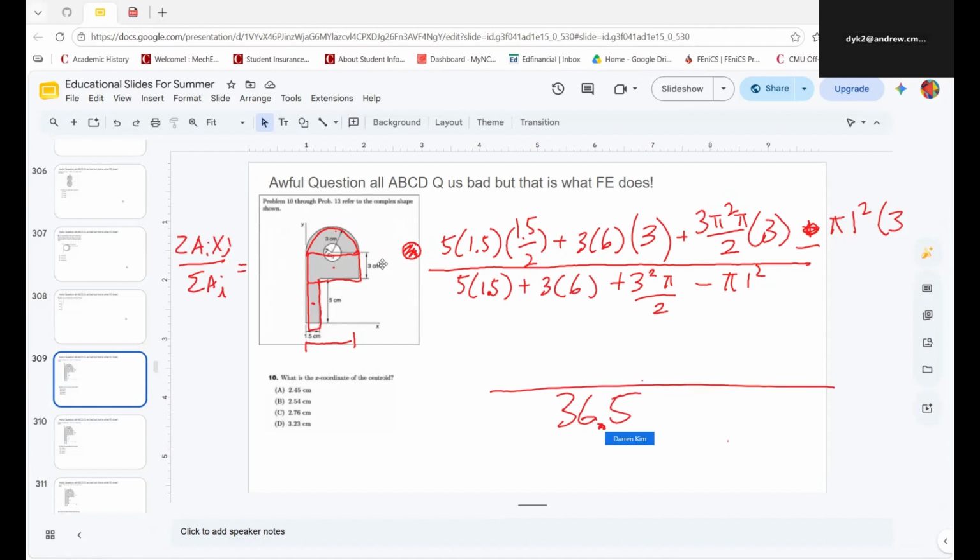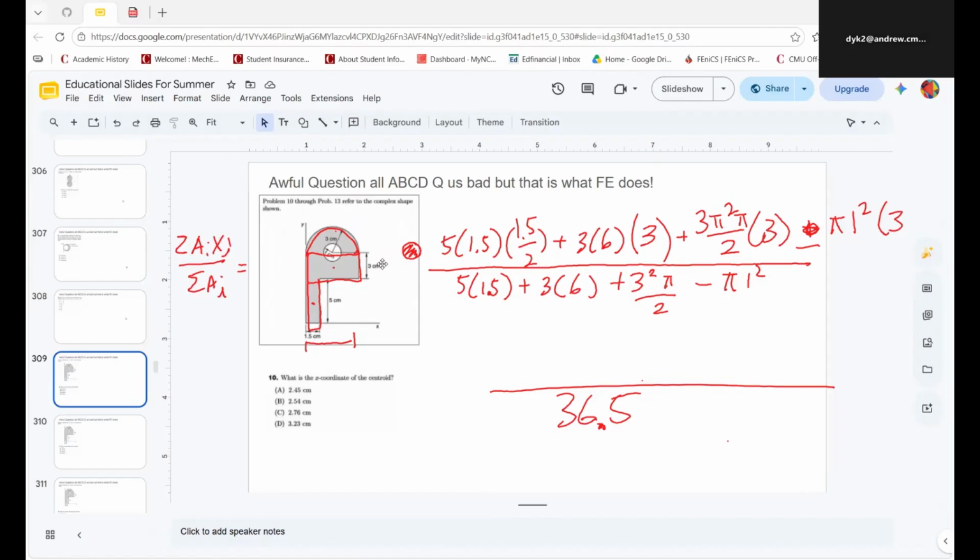All right, and then the top portion next. 5 multiplied by 1.5 multiplied by parentheses 1.5 divided by 2, plus 3 times 6 multiplied by 3 plus division 3 multiplied by pi. The squared? What's going on here? Oh, it's 3 squared, and I just mistyped it in there.